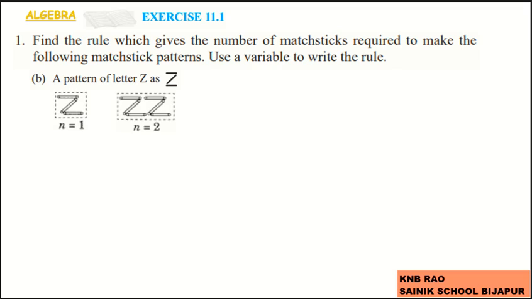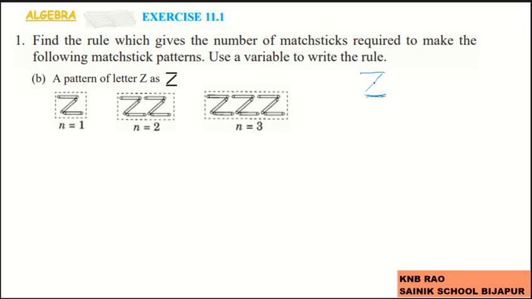To form 2 Z's, I need 6 matchsticks. To form 3 Z's, I need 9 matchsticks. Here by counting you can check them, 1, 2, 3, here one horizontally, another slanting, another horizontally.